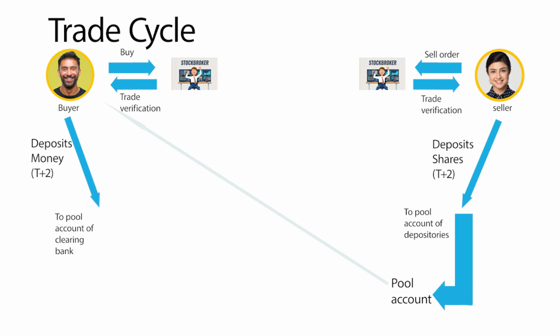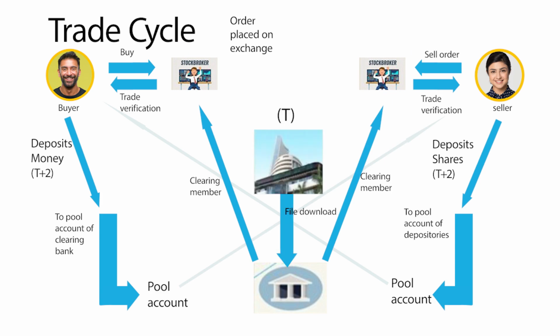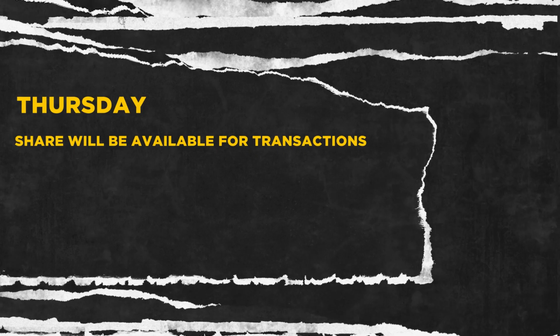Again, via the clearing members, the money will reach the bank account of the seller. The clearing members are the intermediaries which clear securities and the money. The stock exchange is the main party in this entire transaction, bringing the buyers and sellers, the brokers, and the clearing members all under one umbrella. From Thursday, shares will be available for transactions. Some brokers have recently become willing to give you cash instantly for a higher charge.